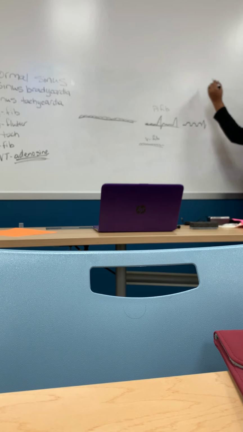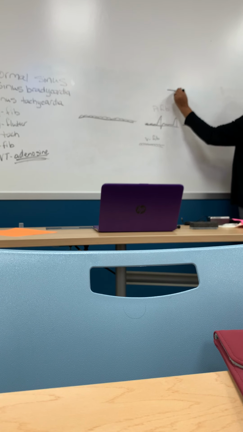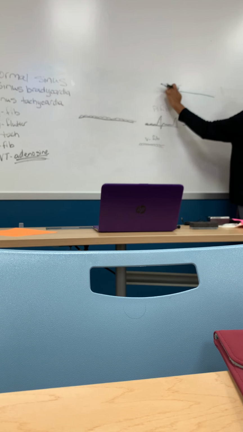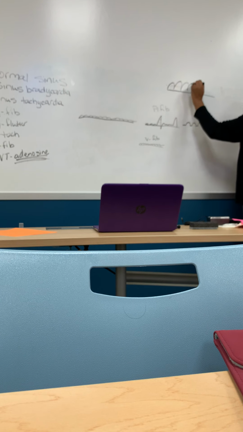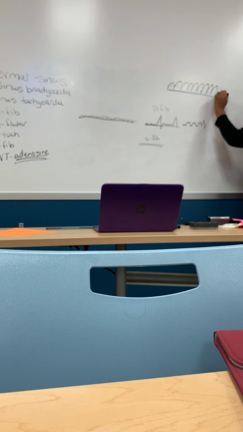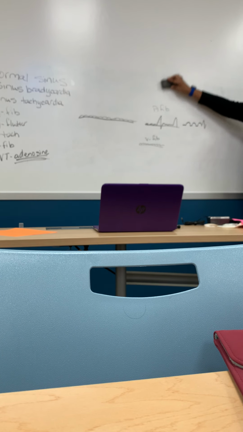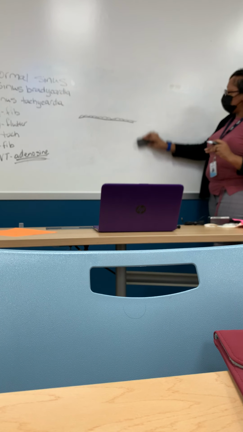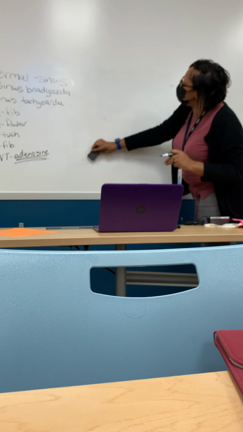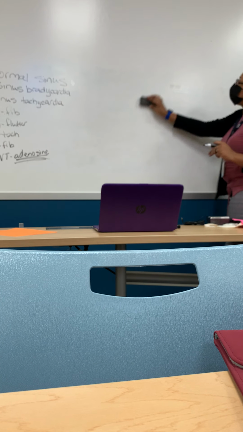What is this? V-tac, yes. If your patient has sinus bradycardia, so that heart rate is 54, and they are dizzy, and they have some nausea, and their blood pressure is 97/54.